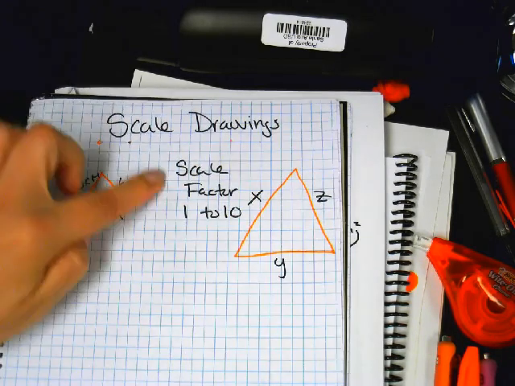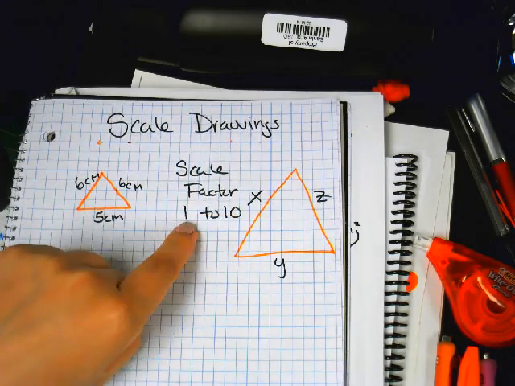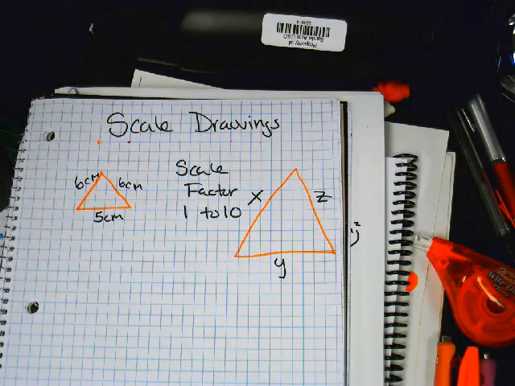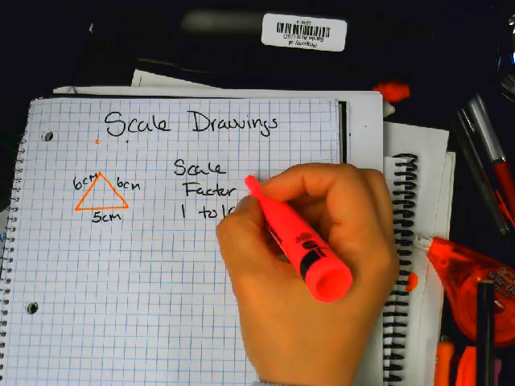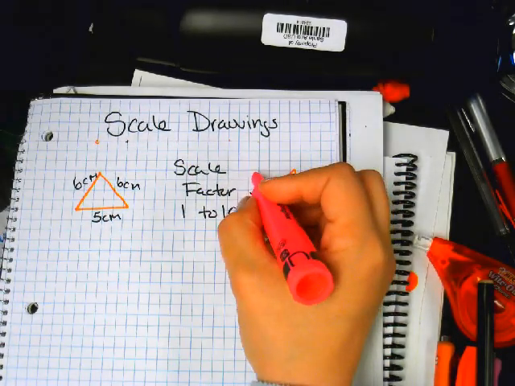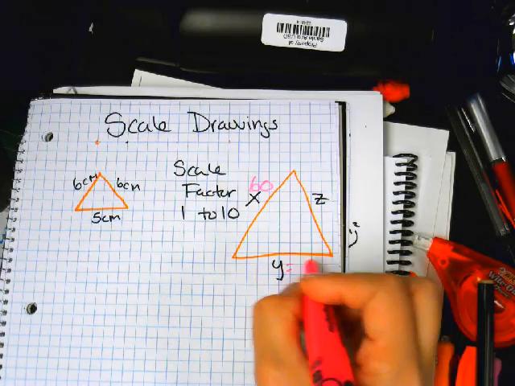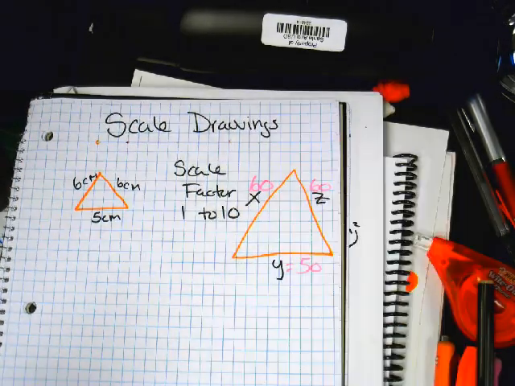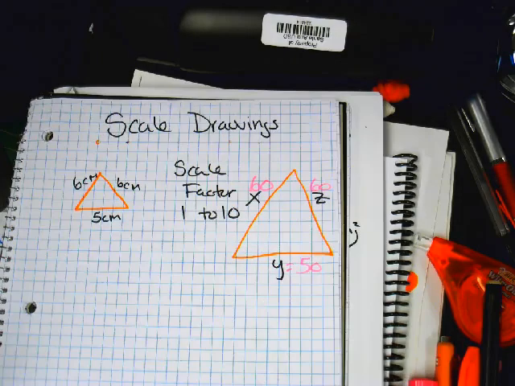So this is the original one. A scale factor of 1 to 10 means 10 times bigger. So X would be what? 60. What is Y? 50. And Z? 60 centimeters. So it's a scale factor.